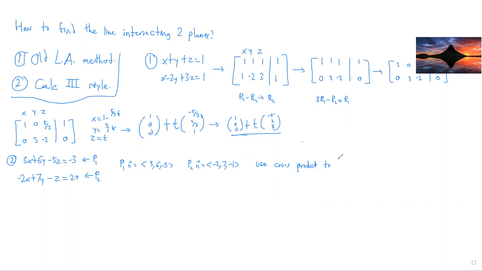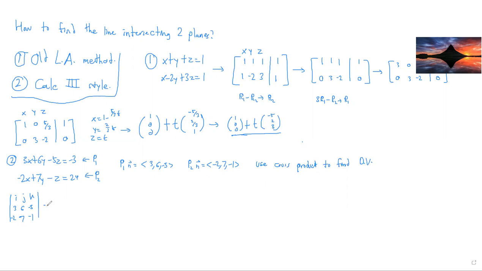To find the direction vector, dv, okay? So let's just apply that. i, j, k; 3, 6, -5; -2, 7, -1.